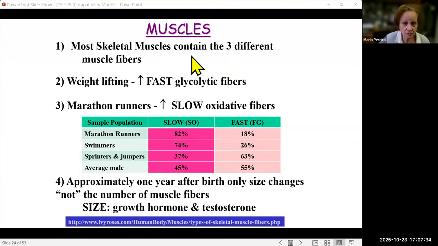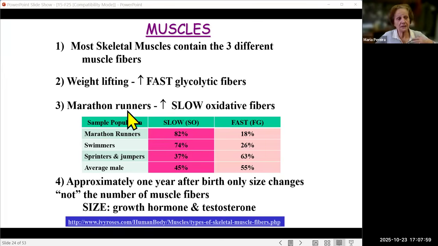Okay, so I told you that most muscles contain the 3 different types of muscle fibers. If you're doing exercises for weight lifting, you're going to increase the number of fast glycolytic fibers. So those fibers that need very little oxygen, that are anaerobic, use glycolysis to make ATP.